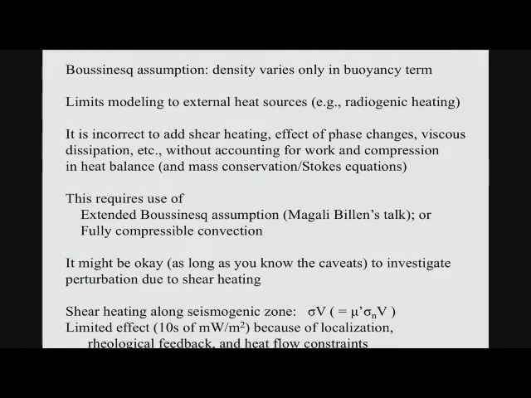It satisfies the first law, but it assumes that entropy stays constant. So the byproduct of the inefficiency of heat generation is this friction: stuff that moves causes friction and therefore heating. And this heating is the byproduct of this inefficiency, that's the Carnot engine efficiency that you have there. So there's mechanical work that's being converted into heat, which actually is not in the equations, and that's where the problem arises. And that's true for shear heating, it's true for viscous dissipation.